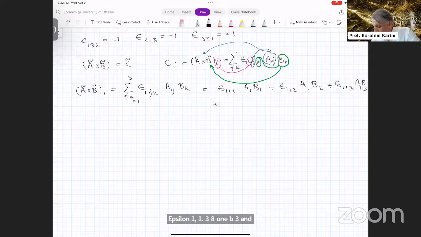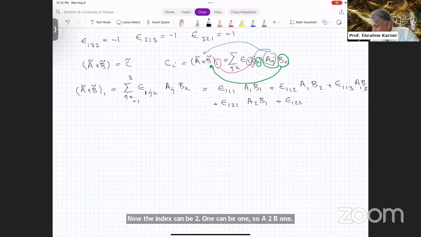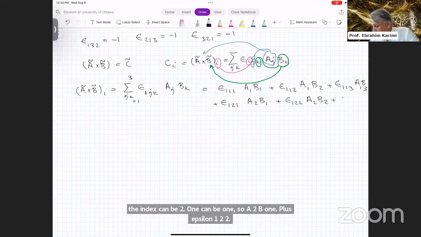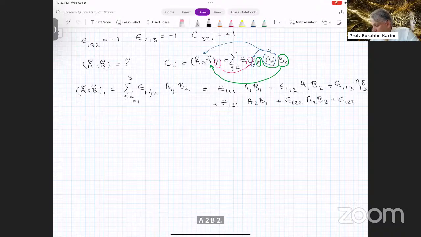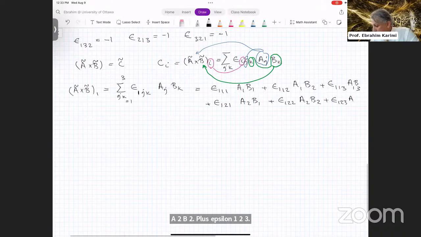Now going with the other terms, j can be 2 and k can be 1: epsilon 1 2 1 A2 B1, plus epsilon 1 2 2 A2 B2, plus epsilon 1 2 3 A2 B3, and so on.